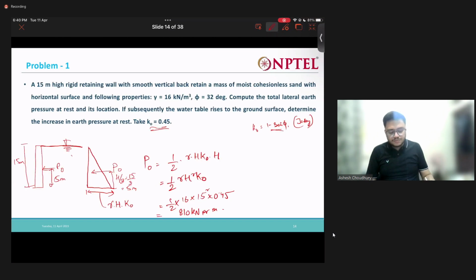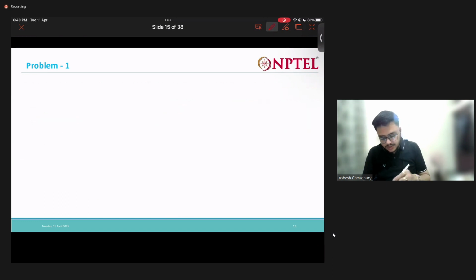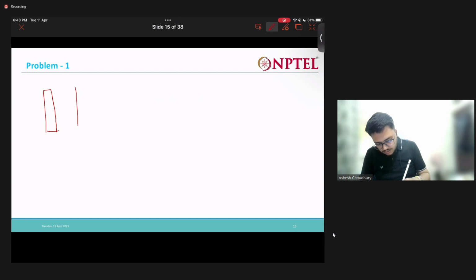So now if the water has actually risen to the top, then what will be the case? One variation will be like this, which is nothing but K naught into gamma submerged into height, this value. Another will be due to the water, which is nothing but gamma water into height.